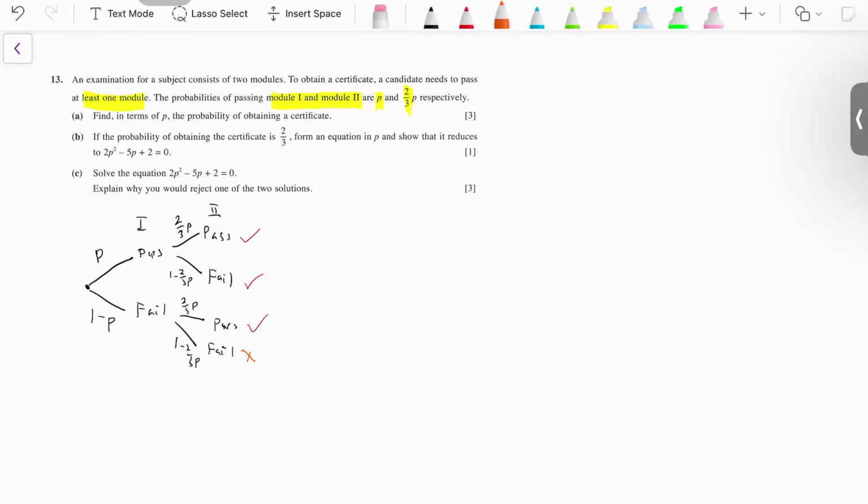To make it easier, we will use 1 minus the outcome that we do not want. So it'll be 1 minus failing module 1, which is 1 minus p, times failing module 2, which is 1 minus 2/3 p.